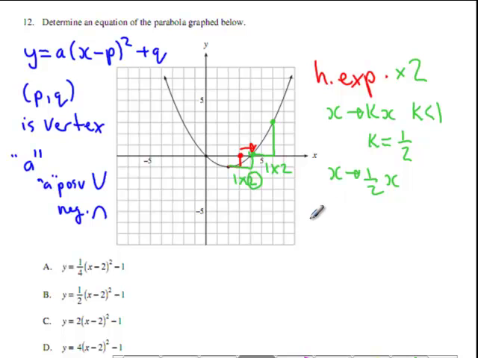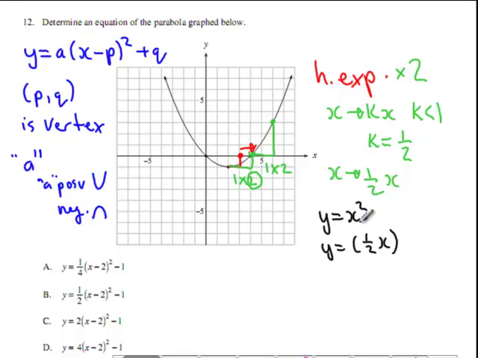Well, why don't we start with our regular parabola, which is y equals x squared. The first transformation we need to do is this expansion. So y will become (1/2 x) all squared.